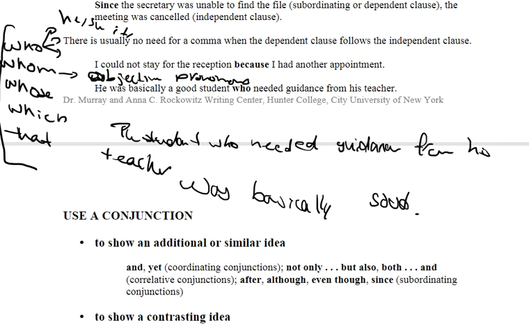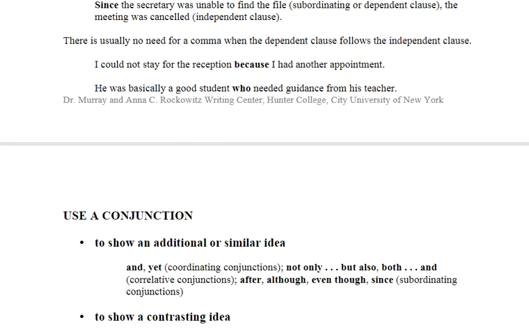Now let me remind you of how we use whom, who, whose, which, and that, and what we use them for usually. Again, we also refer to these subordinate conjunctions as relative pronouns, if you still remember the lesson about pronouns. So here's how we use them.